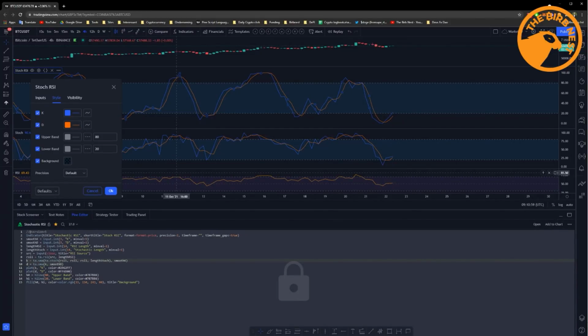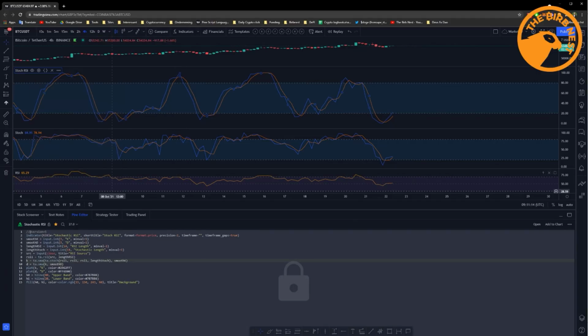So the K line is a stochastic of the RSI, and then it smooths it a little bit with a moving average. Always, if you see a moving average calculation, it's all about smoothing and removing some of that noise. So that's the K line.